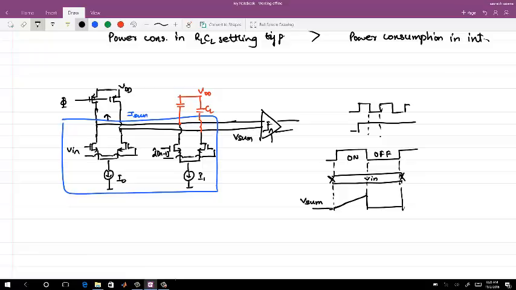So I need a reset period, and the easiest reset period is putting a clock on the PMOS on the top and resetting it to VDD. So now can you comment on the integration period? T by 2. So now if the integration period is reduced by T by 2, your output swing gets reduced. So initially the gain which you were looking for, 3 times, now has become half.